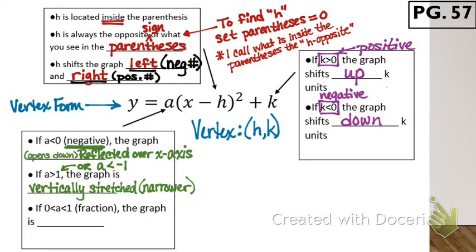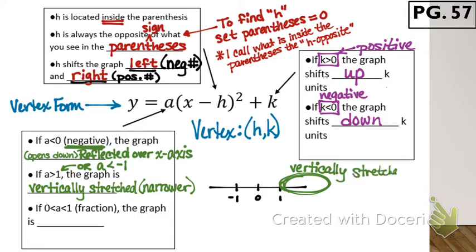So I always think about this one on a number line. If 0 is here and I've got a +1 and a -1, numbers over here will vertically stretch it. Numbers over here will also vertically stretch it, but they will also reflect it.